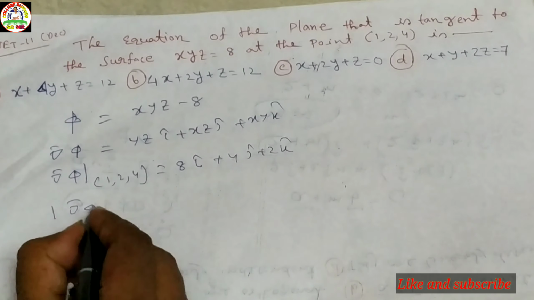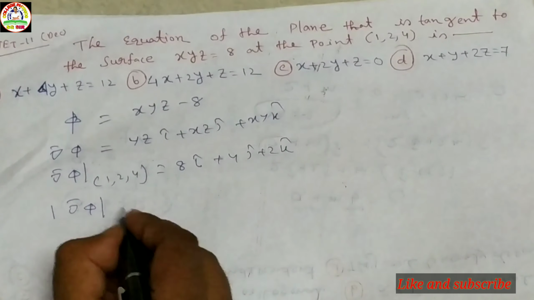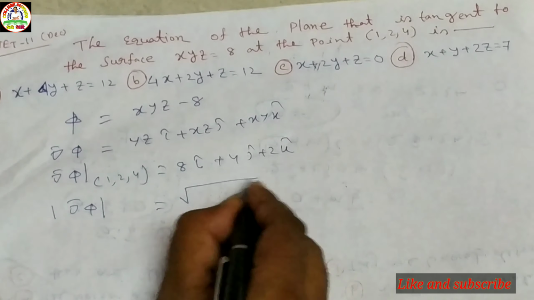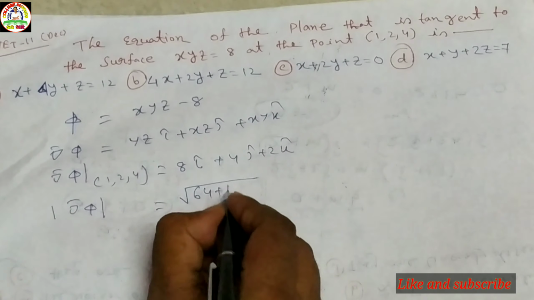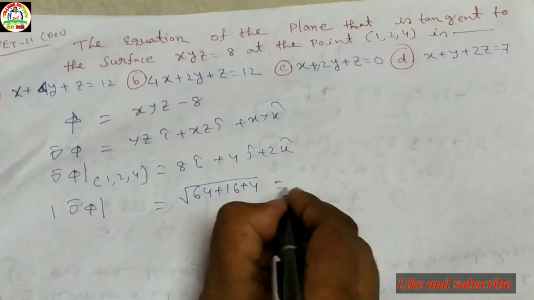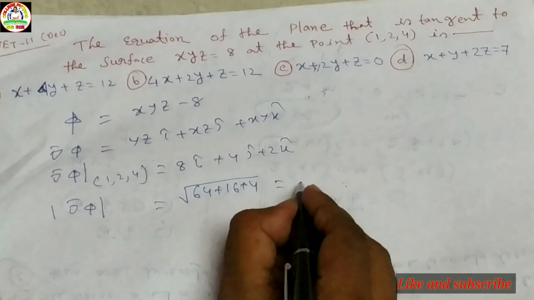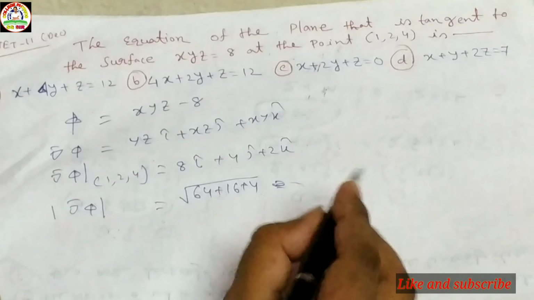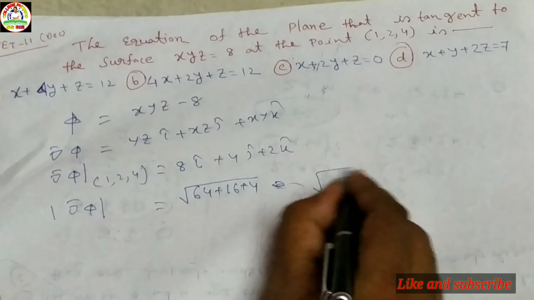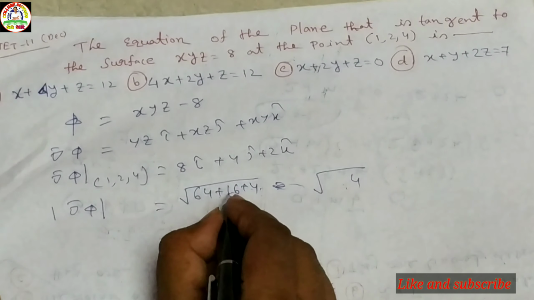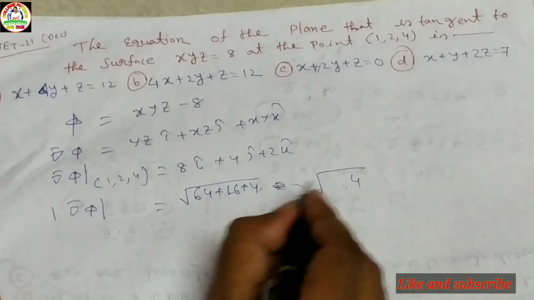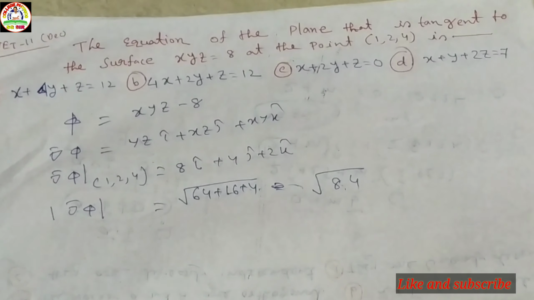Now we calculate grad phi magnitude equal to root over 64 plus 16 plus 4, equal to root 84.